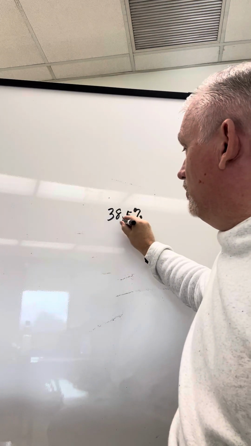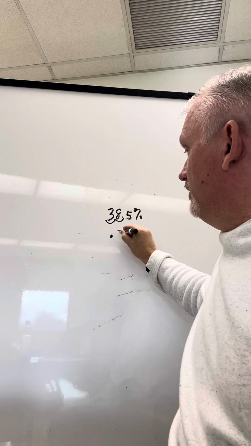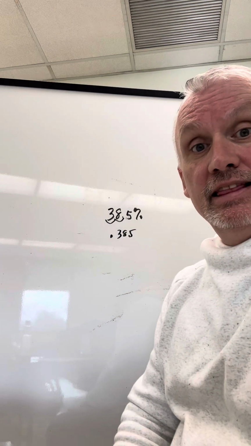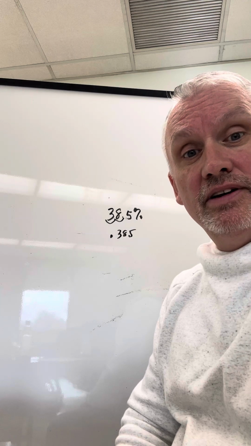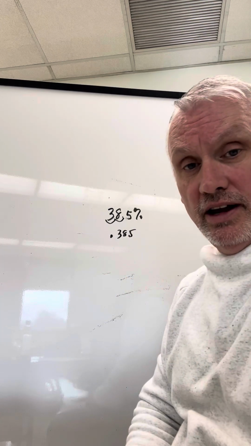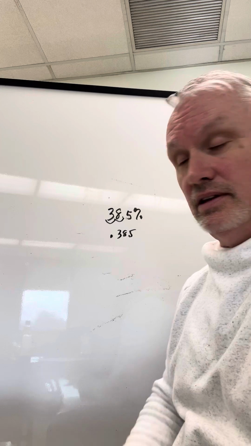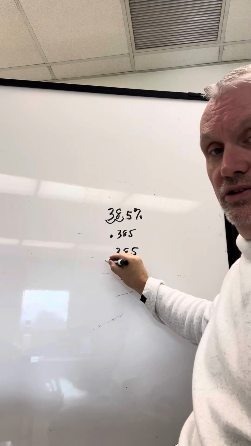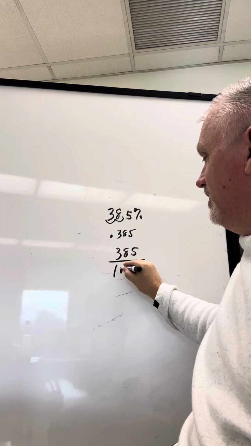So I'm going to move it to 0.385 and drop the percent. That's 385 thousandths. Notice I have 3 decimal places there, thousandths with a TH. So 385, exactly how you said it, over 1,000.